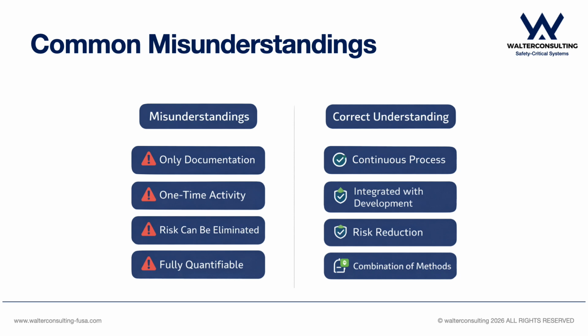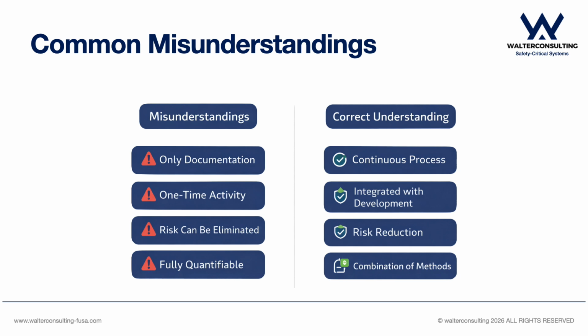There are several common misunderstandings about ISO 14971. One of the most common is that risk management is just documentation. But here is the question. Is documentation the goal, or is it just a result of the process? Another misconception is that it is a one-time activity. In reality, it is continuous.